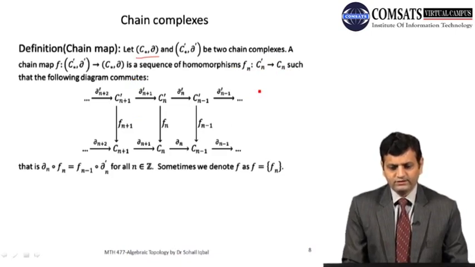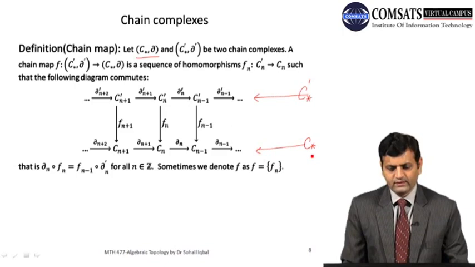As you can see, the first row is C star prime, so that's our first chain complex, and the second row is C star. We denote the homomorphisms in the C star prime case with partial primes, and in the C star case with partials.